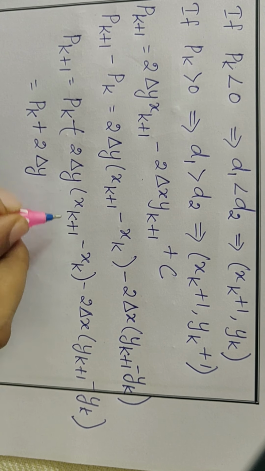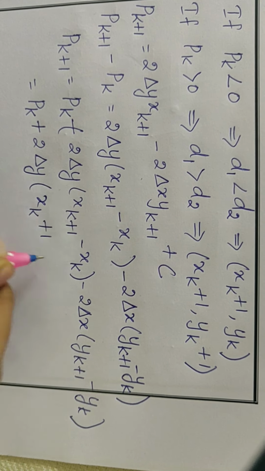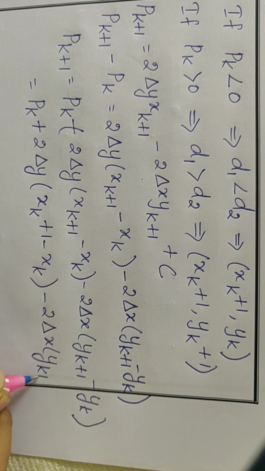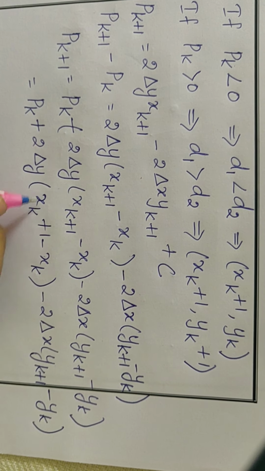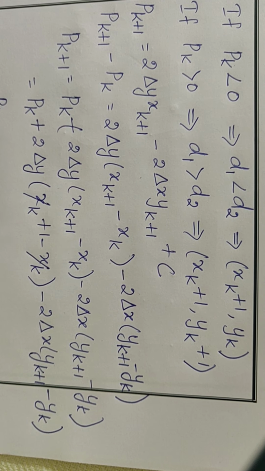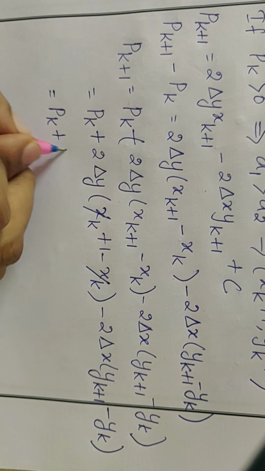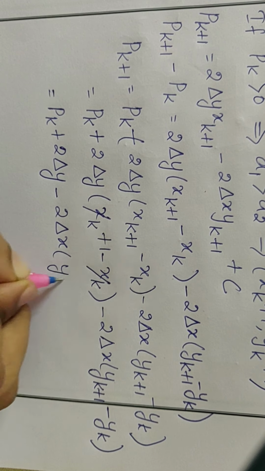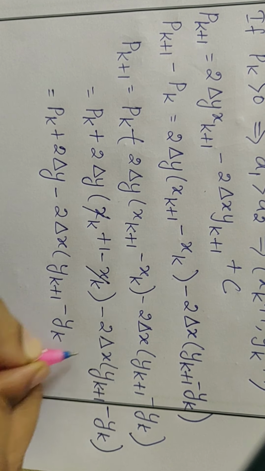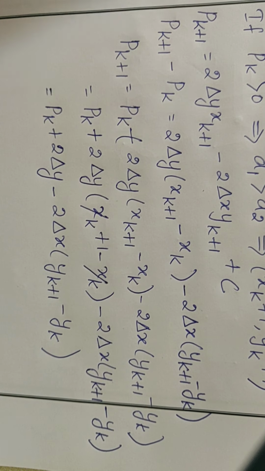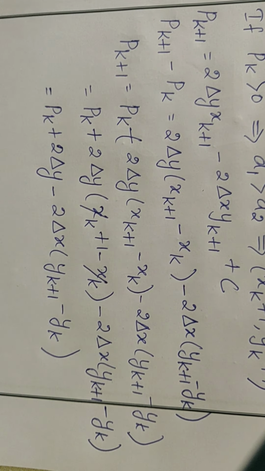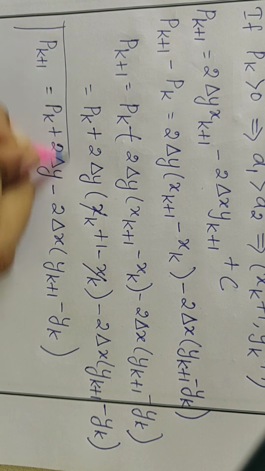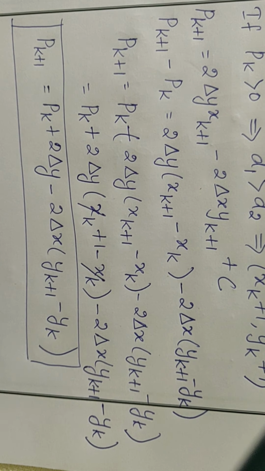So in the place of xk plus 1 minus xk I can write 1, minus 2 delta x times yk plus 1 minus yk, which is equal to pk plus 2 delta y minus 2 delta x times yk plus 1 minus yk. This is my pk plus 1. I'll box it.